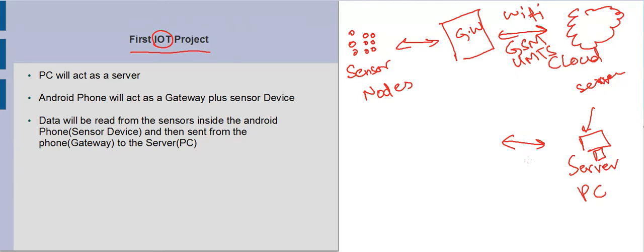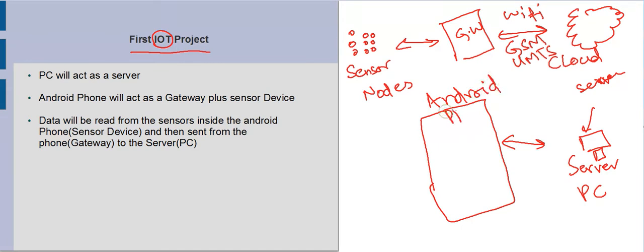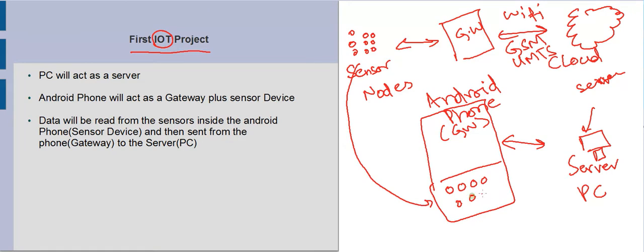Here we have all these capabilities in our Android phone, so we can use our Android phone as our gateway. Okay, this is our gateway, and we can use as the sensor nodes those sensor devices that are present within an Android phone.